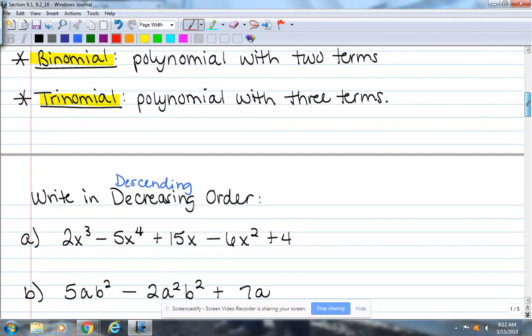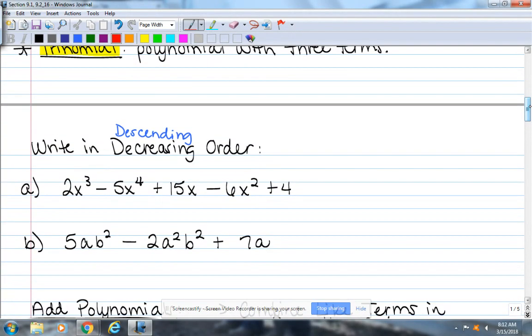All right. So the first thing we're going to do is rewrite a polynomial in decreasing order. Now, if it says decreasing or descending, like I said, those words mean the same thing. It means highest to lowest exponent.